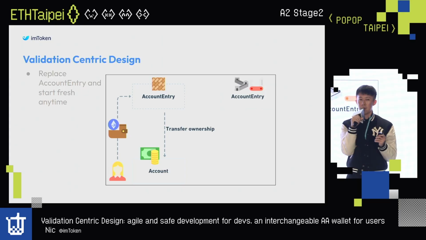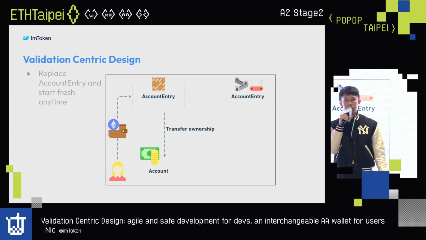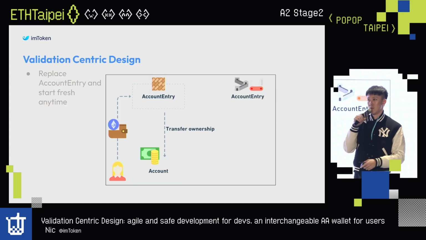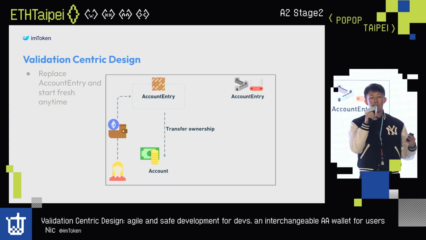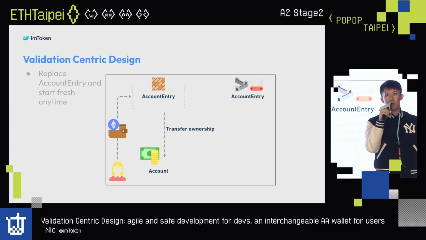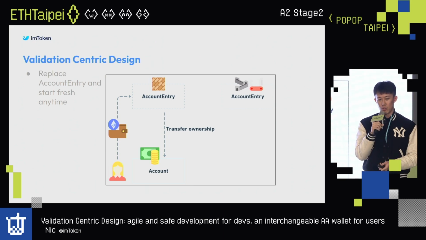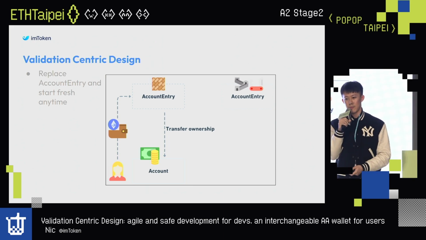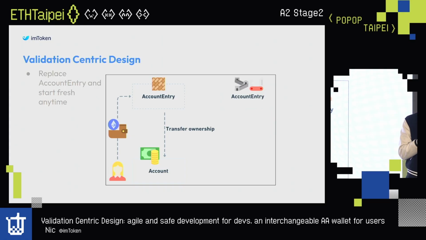We don't even have the option to migrate without changing the account. That's the status quo. So with validation-centric design, at least we have the option. It's true that we can ask the wallets not to trap their users there, but I think it's still better than the status quo. Yeah, thank you.